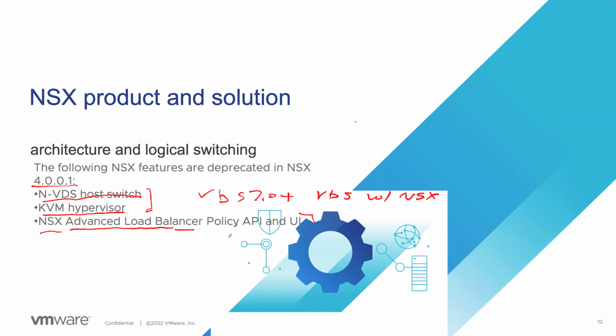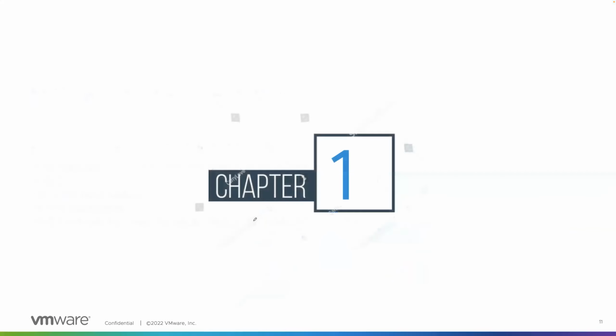Now, since 4.0, you have to configure ALB or ARB via its own user interface. Those are the three differences. And this is chapter 1.